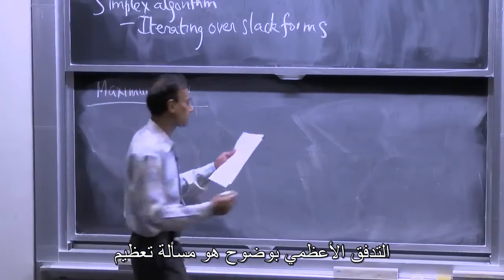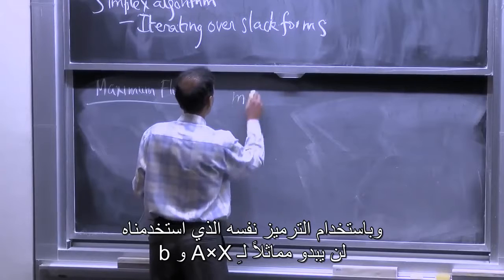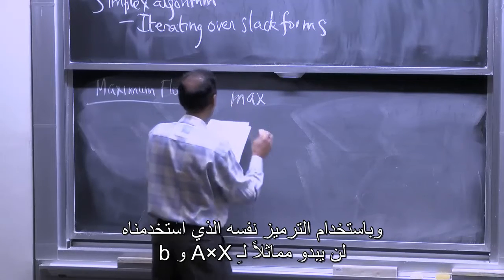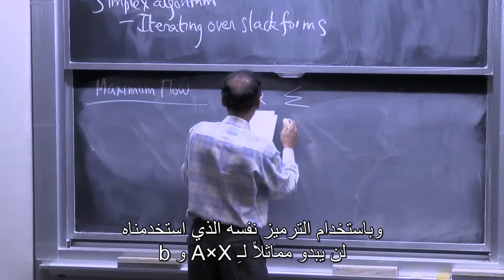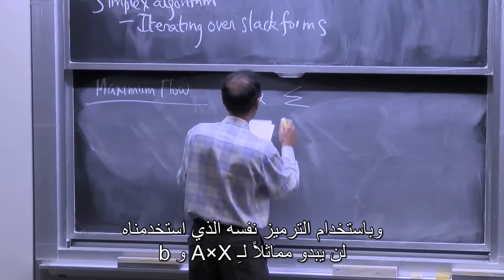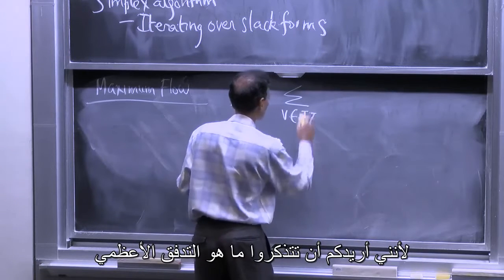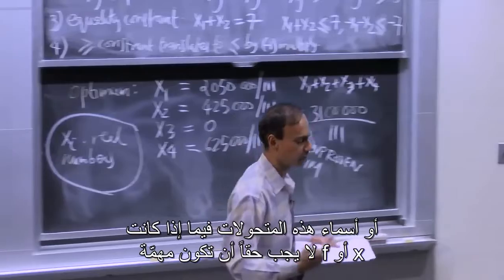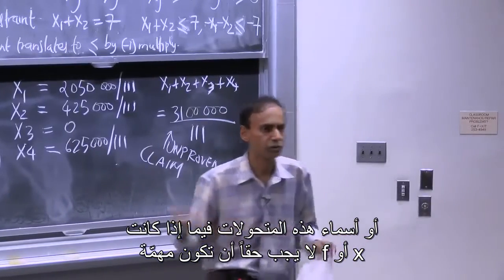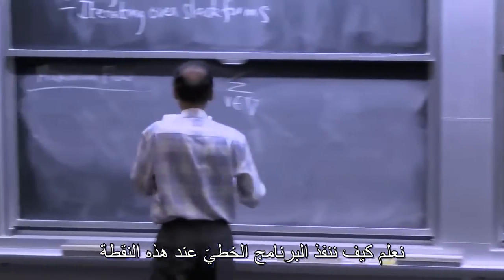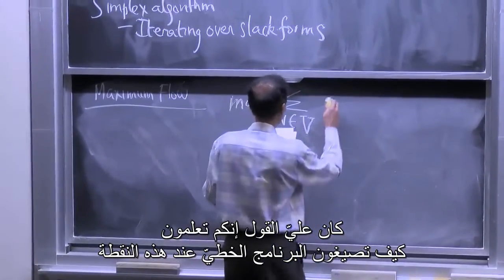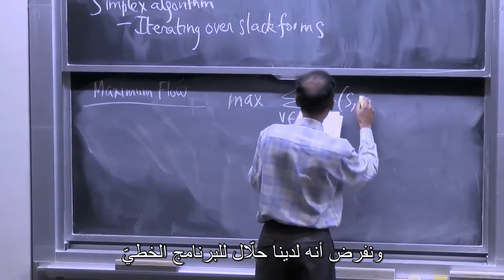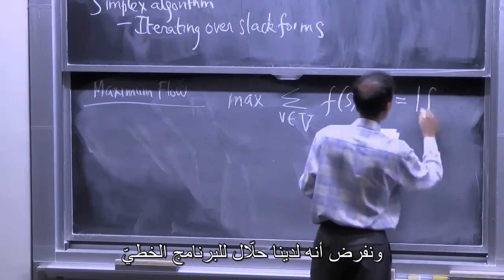Max flow is obviously a maximization problem, and using the same notation we've used, it's not going to look like A, X, and B, just because I want you to recall what max flow is, and we're going to translate that, and the names of these variables, whether they're X or F, it shouldn't really matter. Right? We know how to formulate LP at this point, and we're assuming that we have an LP solver.